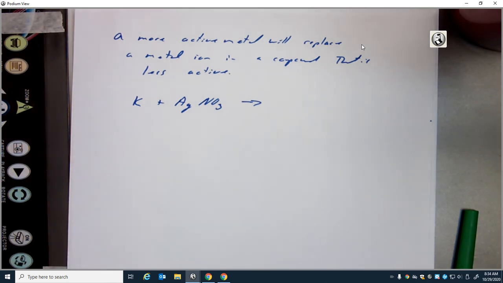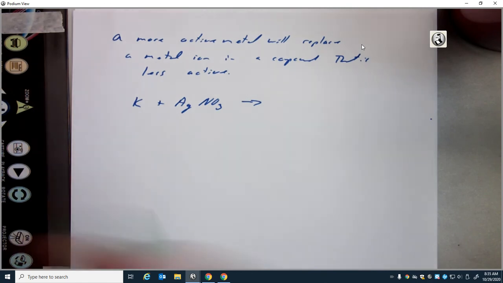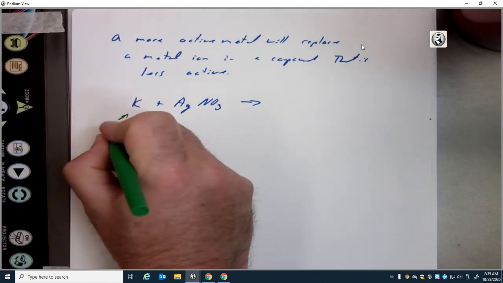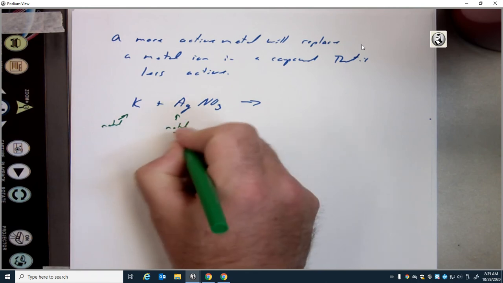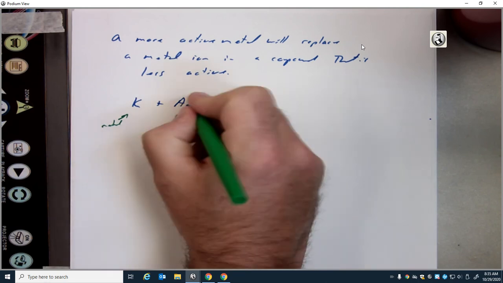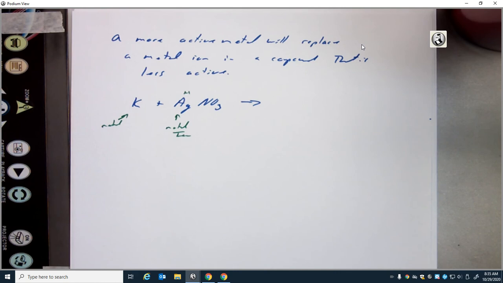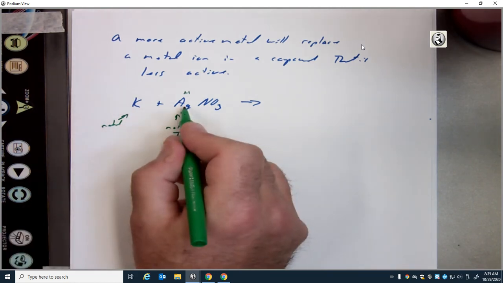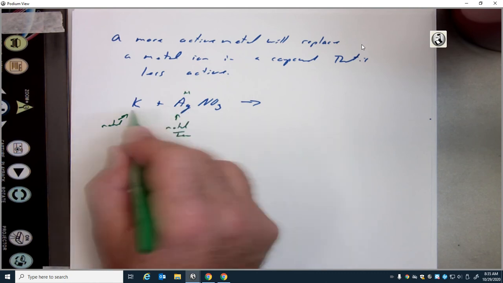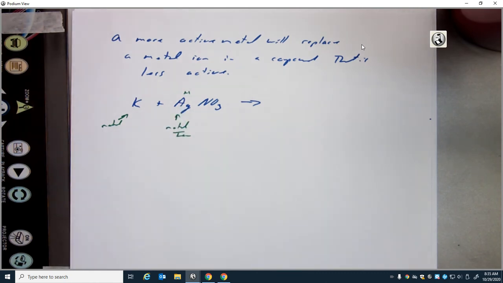Okay, so this is what I mean by this. So I have a metal, and this is a metal ion, because it's an ionic compound. All right, so this would be +1. If the metal is more active than the metal ion, the reaction happens.